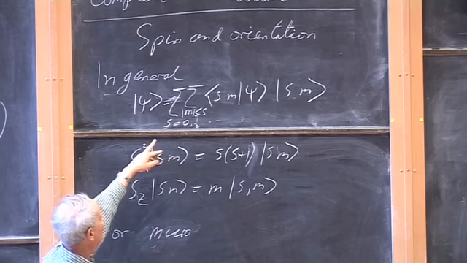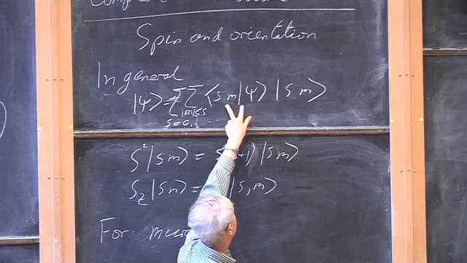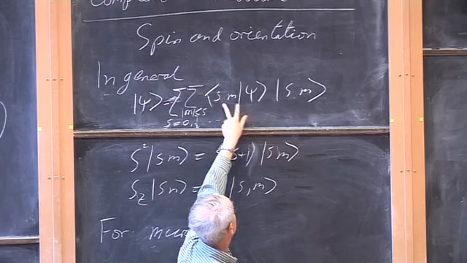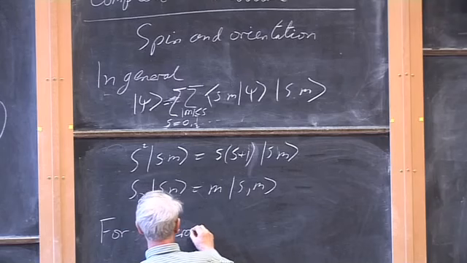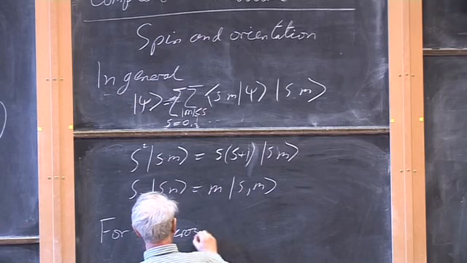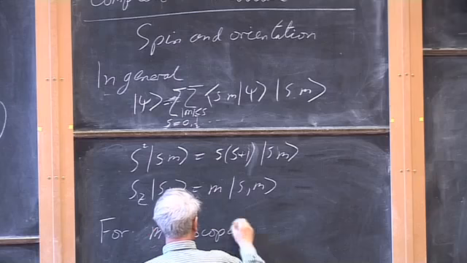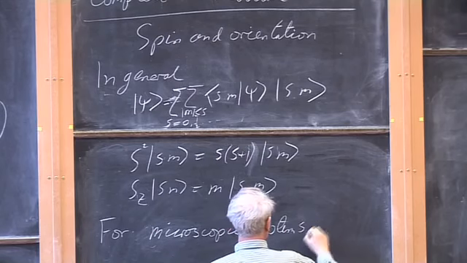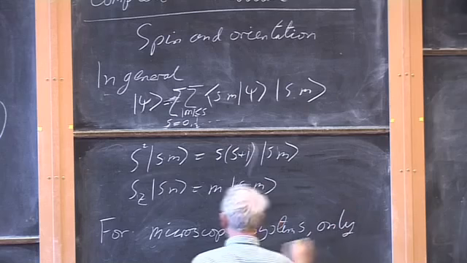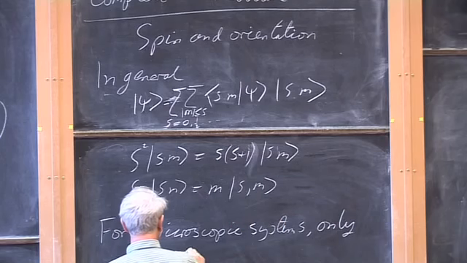Only one value of s has non-vanishing amplitudes. So this is going to vanish for real systems except when s takes one particular value. So for microscopic systems, only one value of s occurs.